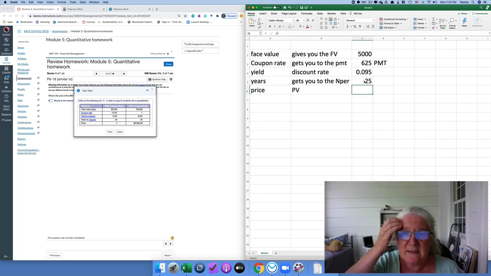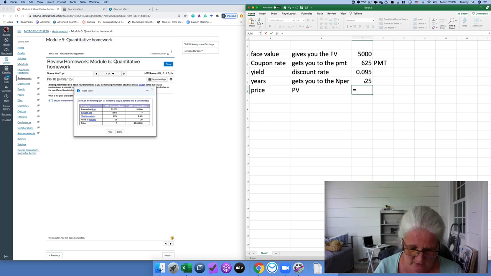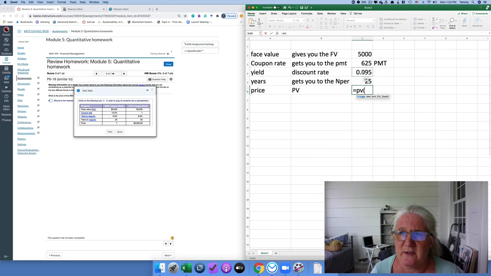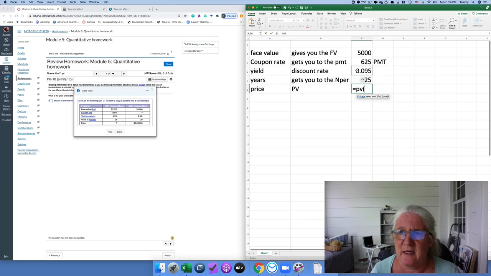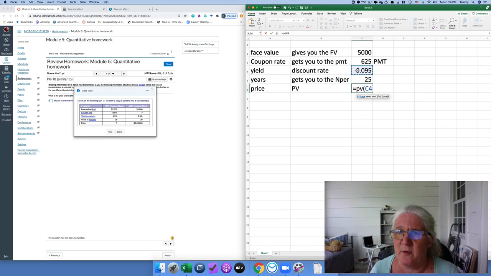So then the price, you just invoke the present value function, and our discount rate is 0.095, and the number of periods is 25, and the payment is $625, and the future value is 5,000. Type is 0.